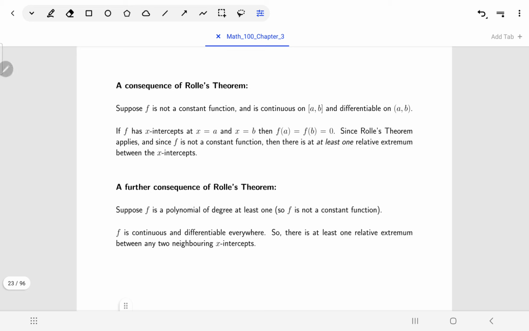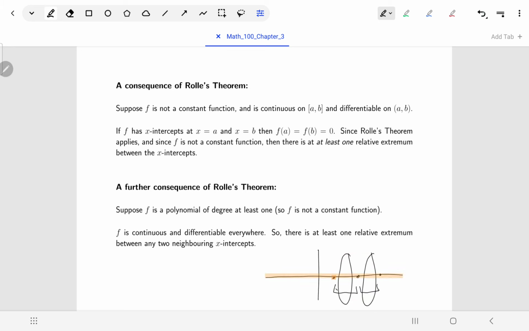For example, if you knew that there was a graph of a function that was a polynomial and it happened to have x-intercepts in 3 different places, you'd be guaranteed that between the first two x-intercepts there must be a maximum or a minimum, and between the next two x-intercepts there would be either a maximum or minimum at least. In other words, if you had 3 x-intercepts, you'd be guaranteed at least 2 relative extrema.